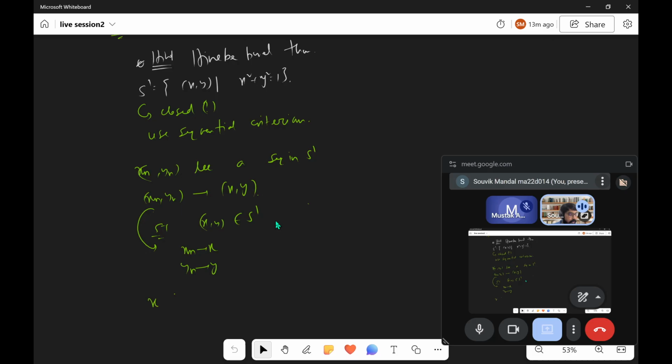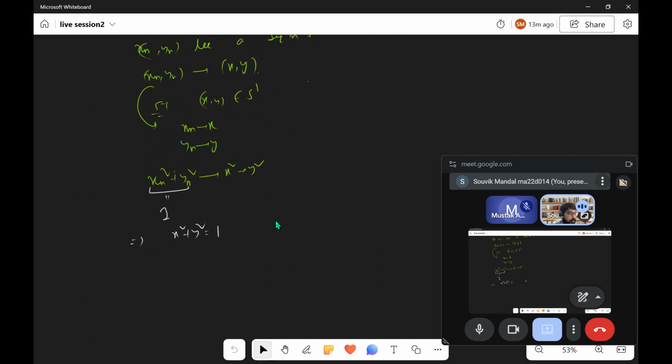That means x_n squared plus y_n squared goes to x squared plus y squared. However, this is exactly equal to 1. That means, by uniqueness of limits, x squared plus y squared equals 1. This implies the point x, y belongs to the circle.